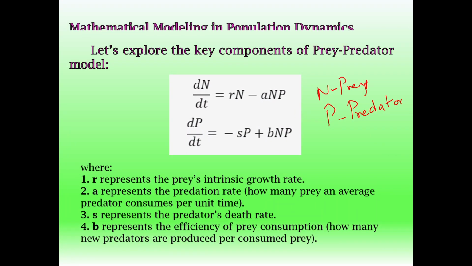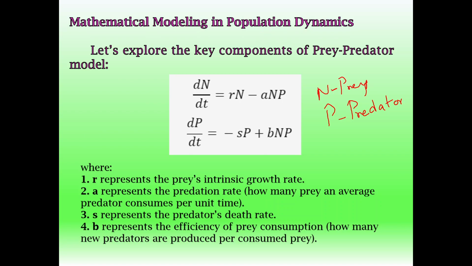Now, let us see how to explore the key components of prey-predator model that is represented by these two Volterra equations. dN by dt equal to rN minus aNP, dP by dt equal to minus sP plus bNP.